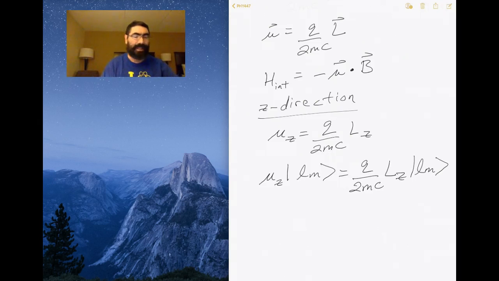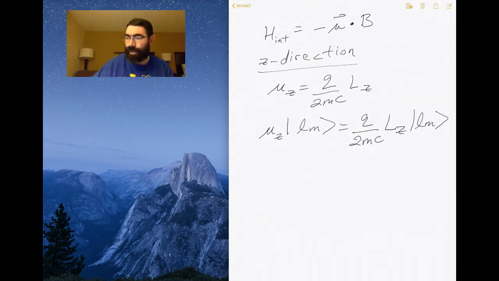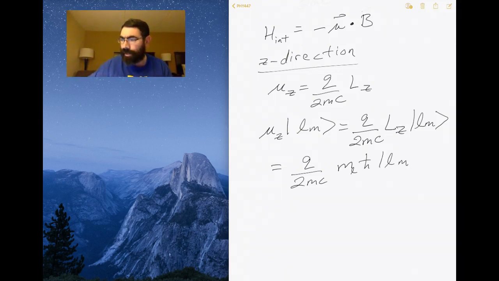And when we operate on that state, we get an eigenvalue, I'm going to write this now as m sub L, to differentiate it from the mass, times h bar, the state Lm back again.